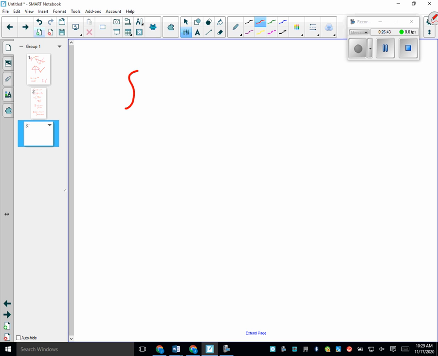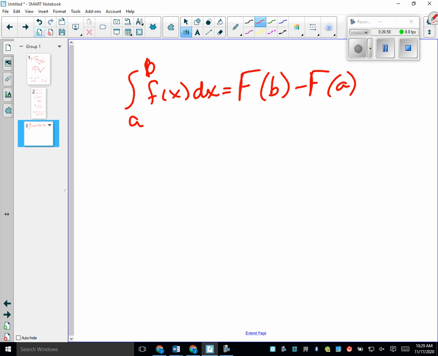It's also called the integral evaluation theorem, but it says if I have the integral from a to b of f of x dx, this is equal to F of b minus F of a. Do we need to know the other name? No, you just need to know the fundamental theorem of calculus.